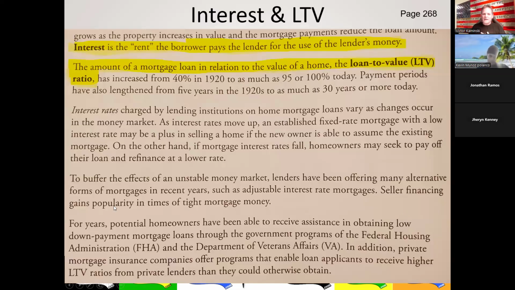Seller financing becomes popular in times of tight mortgage money when the banks aren't lending. And for years, potential homeowners have been able to receive assistance in obtaining low down payment mortgage loans through government programs like the FHA, the Federal Housing Administration, which does not lend money.